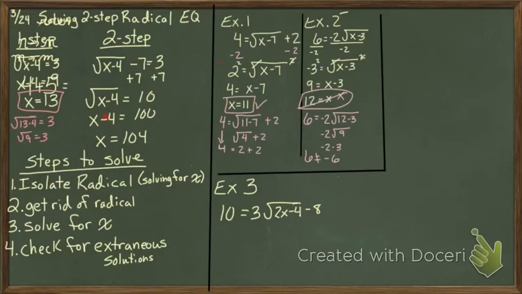It's just that was only one thing. On example 1, we subtracted 2. Example 2, we divided by negative 2. So on this one, the first thing I'll need to do is add 8 to both sides. So that's going to give me 18 is equal to 3 times the square root of 2x minus 4.